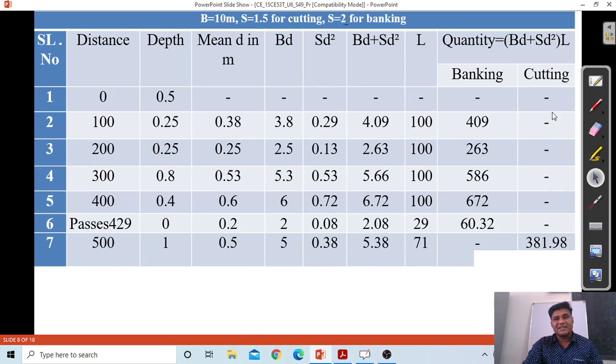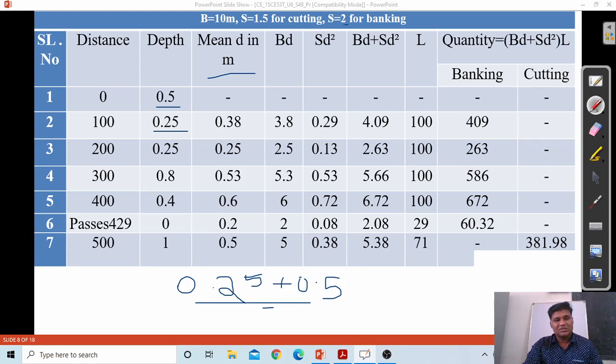After writing the depth, I am going to find out the mean depth. Mean depth is the depth at 100 and the depth at 0, that is 0.25 plus 0.5 divided by 2.